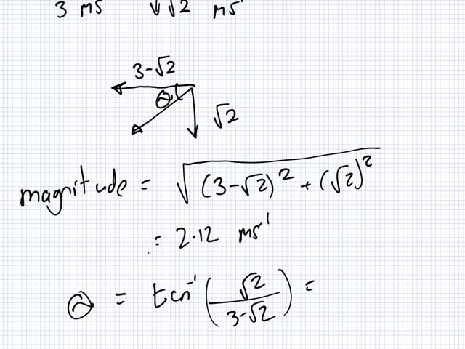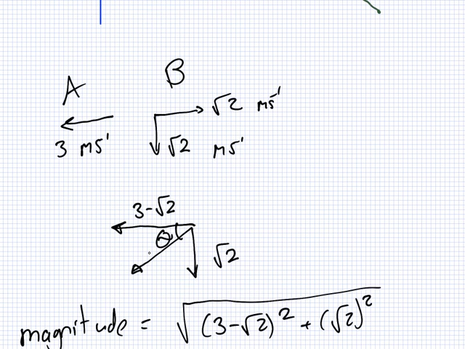I have a question. Why did you take the 3 as positive and the square root 2 as the negative? I could have done it the other way around, and it means my answer would be a negative, which means it's to the left.